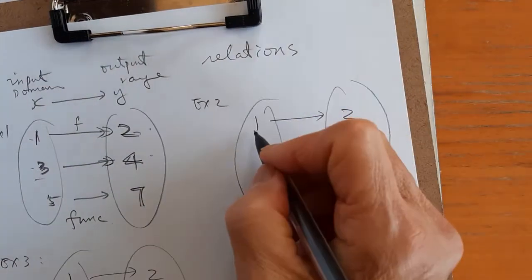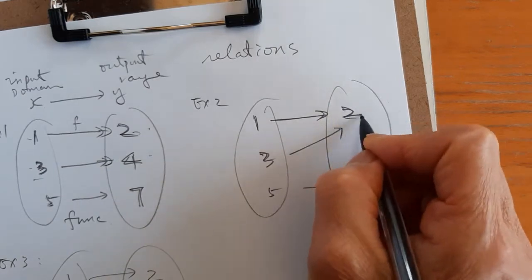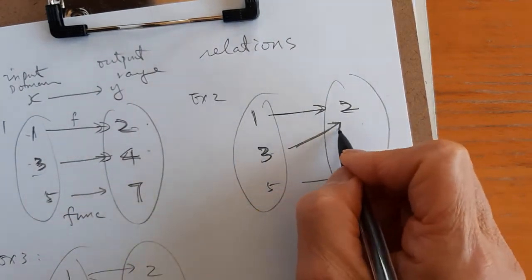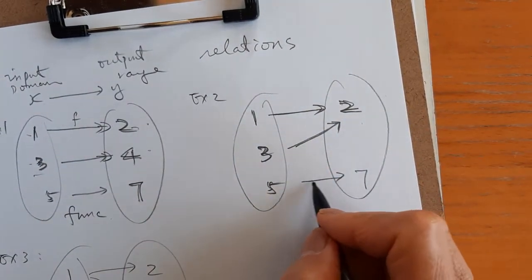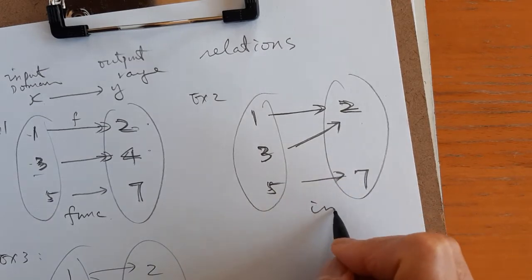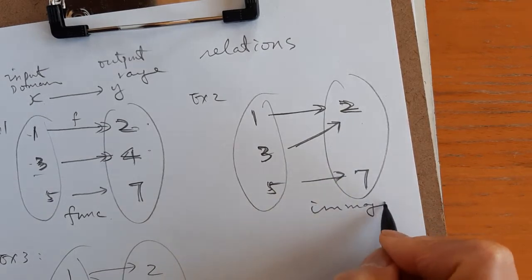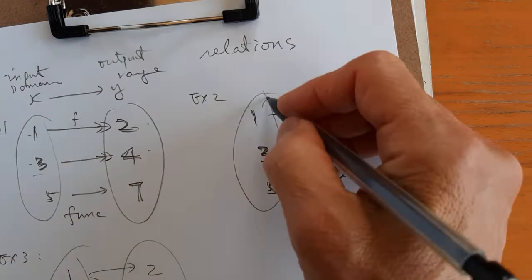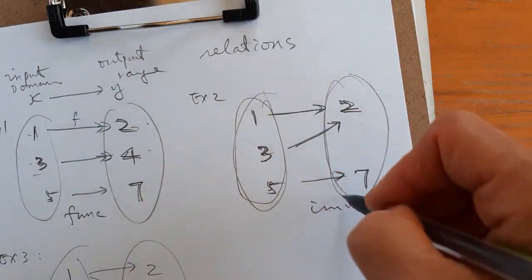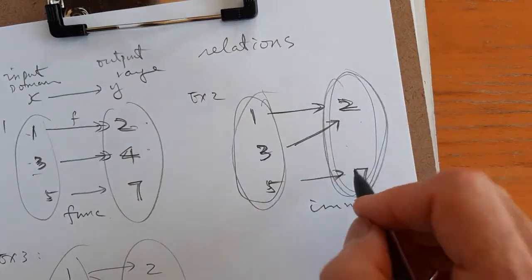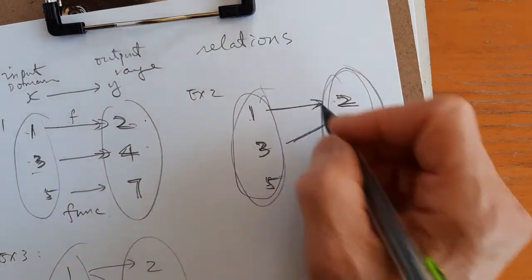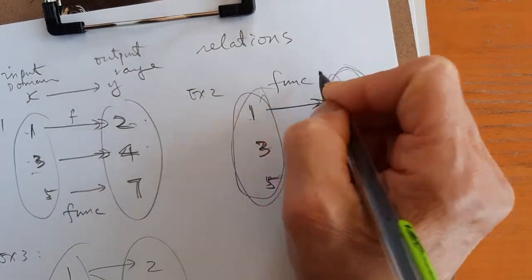For every element, 1 has only one image, 2, 3 has only one image, 2, and 5 has only one image, which is 7. So every element in the domain has one and only one element in the range as correspondence. So this is also a function.